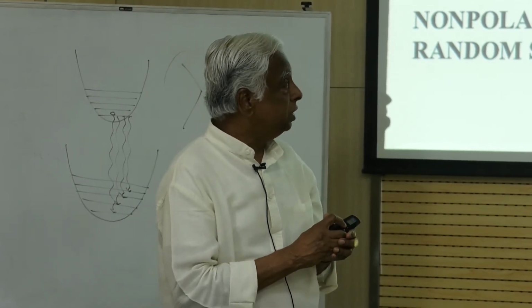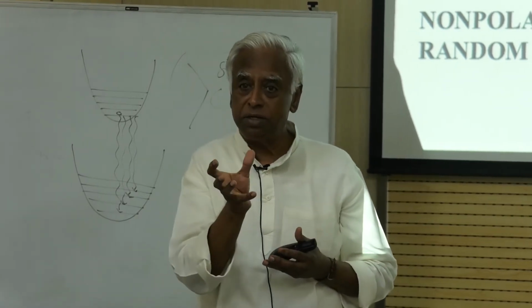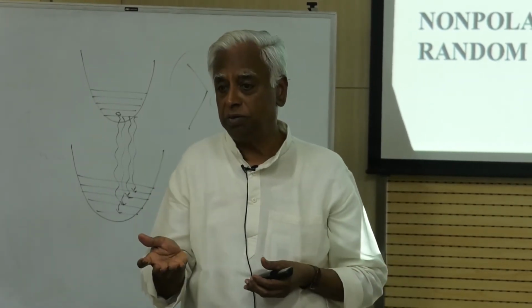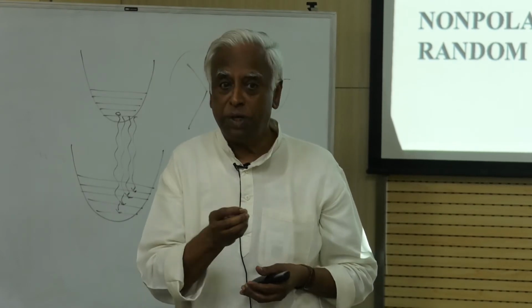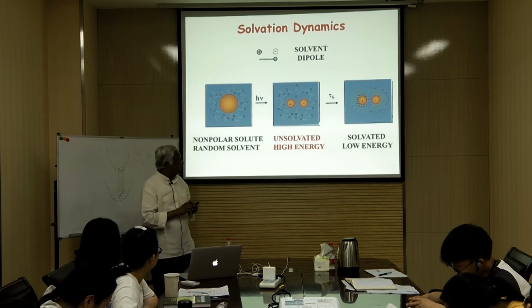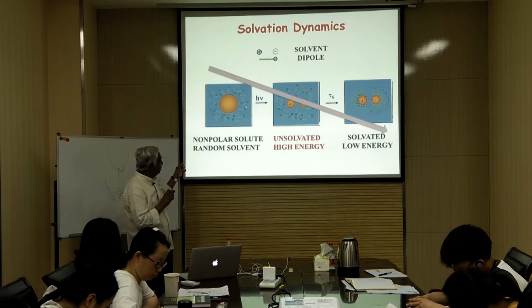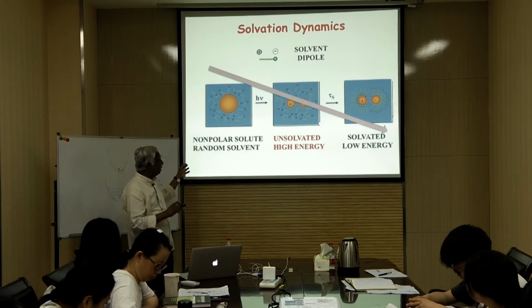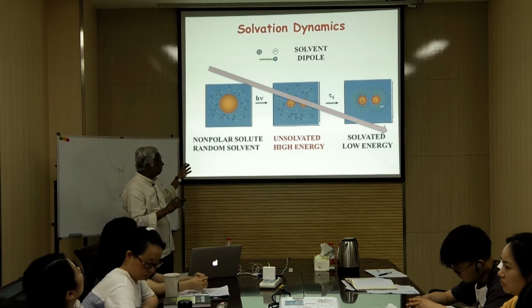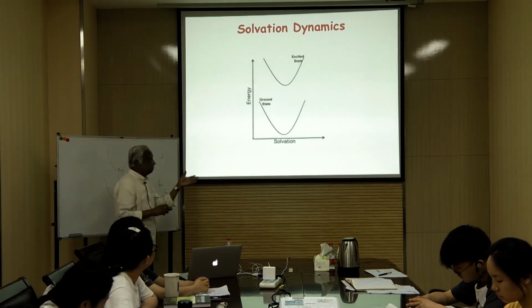You can watch how long the solvent molecules take to reorient themselves around this probe molecule by looking at the fluorescence spectrum. As you go from here to here, what was random has now become highly organized.